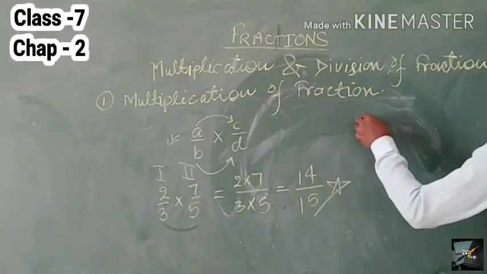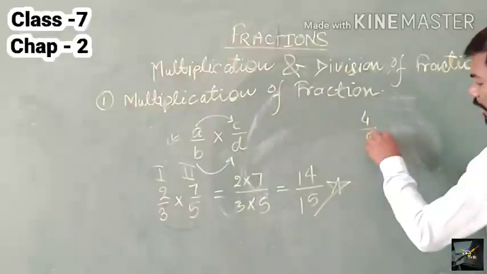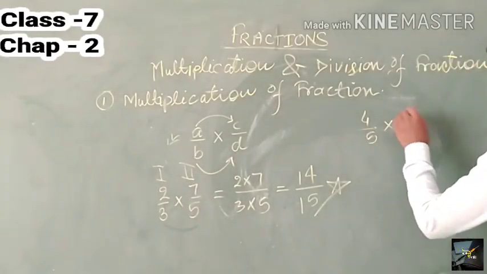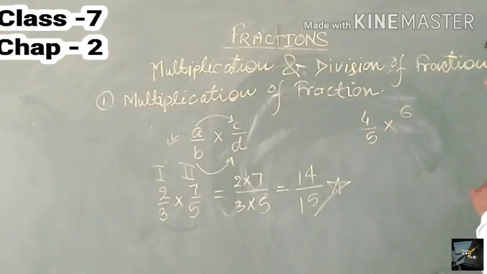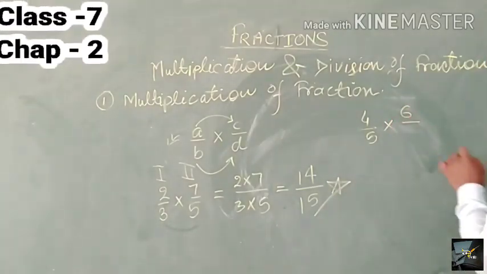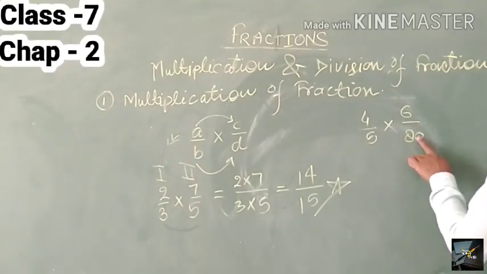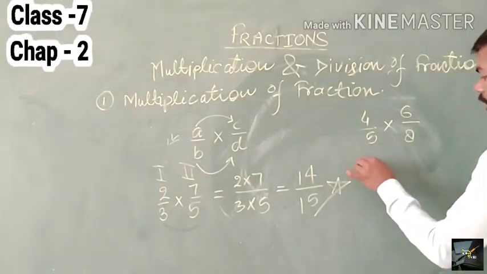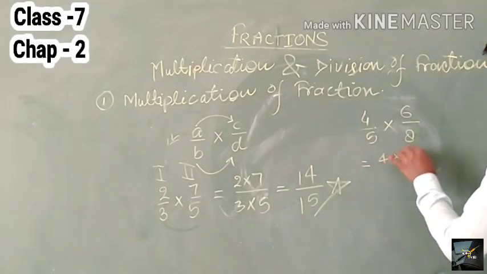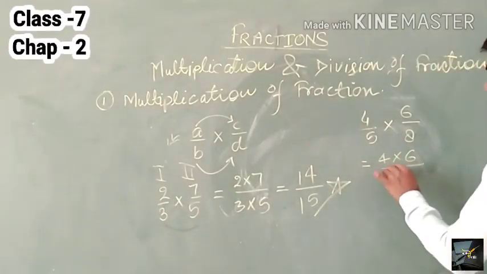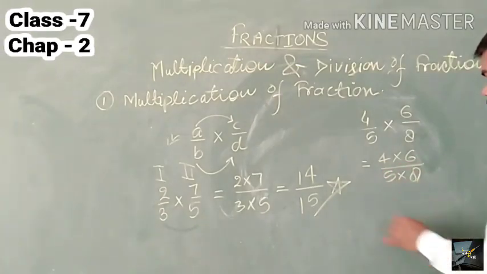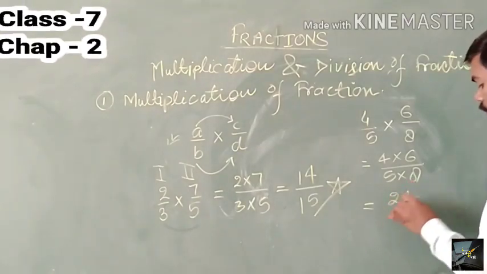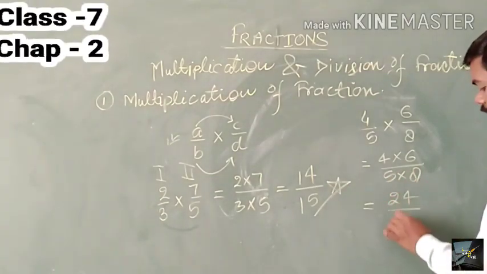Let us see 4 upon 5 multiplied by 6 upon 8. This is the given fraction, and here we get 4 multiplied by 6 upon 5 multiplied by 8. And here we get 4 sixes are 24 upon 5 eights are 40.